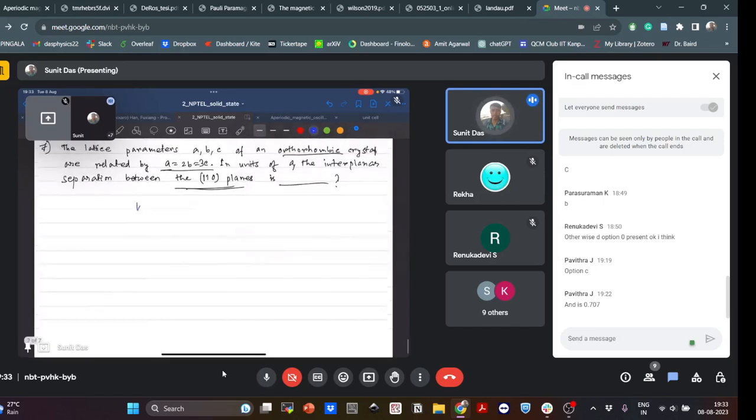If we have the Miller indices, let's say hkl, of a plane, and the crystallographic axis dimensions are a, b, c, then the interplanar distance between two consecutive parallel hkl planes is given by this formula: d equals 1 over the square root of h square by a square plus k square by b square plus l square by c square.